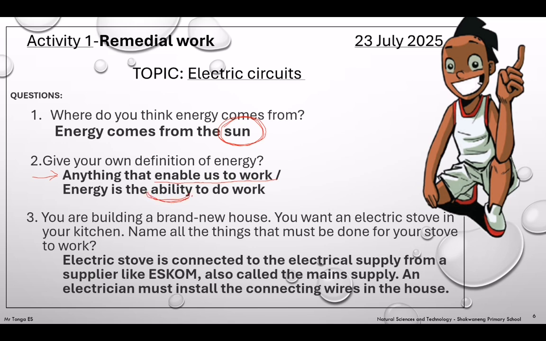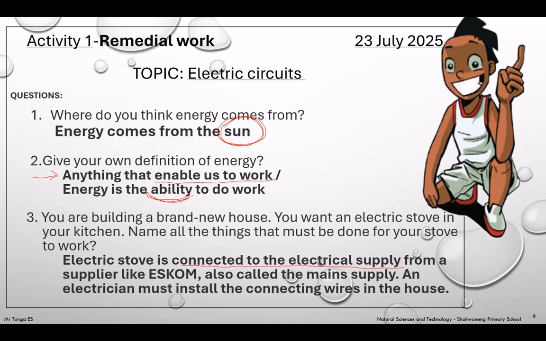So anything that makes us able to work, we refer to as energy. And the last question, we can answer it. Remember, we have an electric stove. It's new, just from the shop. So what you would normally do is make sure that it is connected to the electrical supplier.